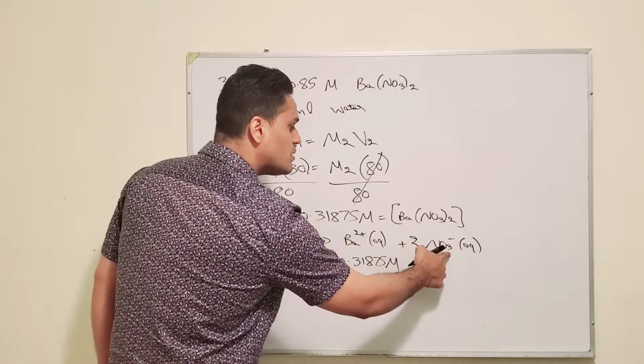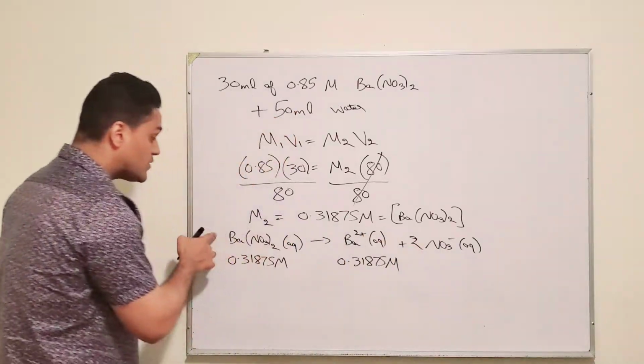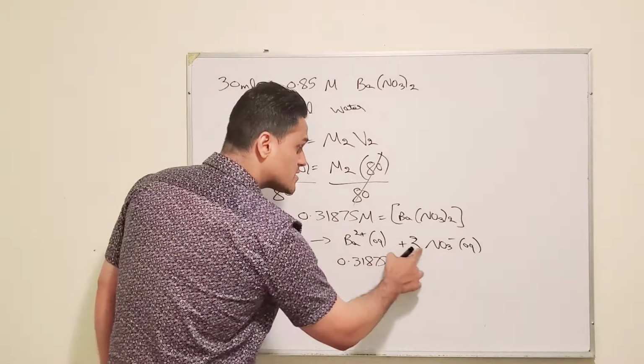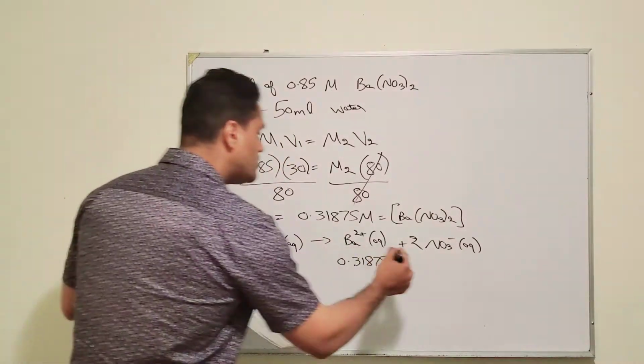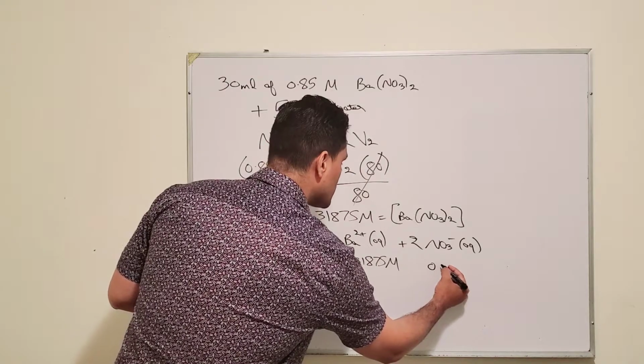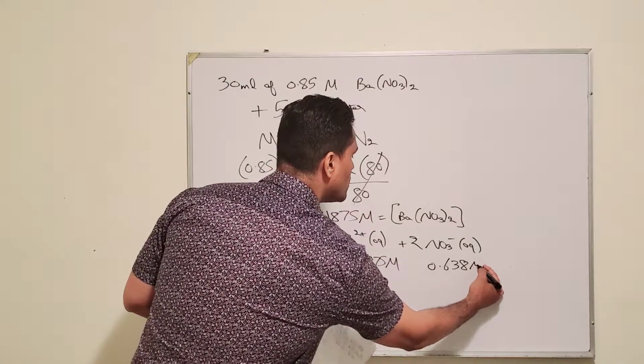And our NO3 minus has a 2 in front. Now this only had 1, so this one's just going to be twice of that, okay? So you're going to take that and multiply it by 2, and you should get 0.638 molar.